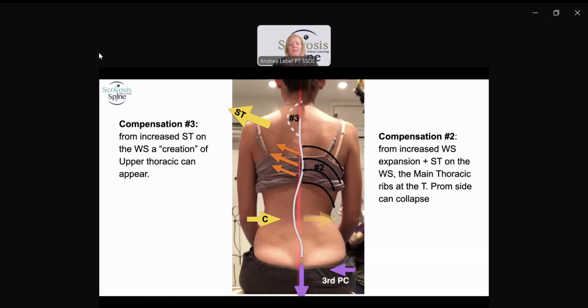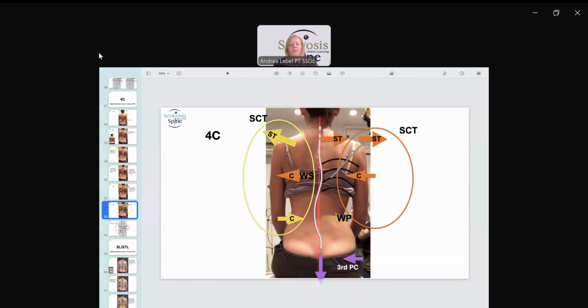Another question here regarding the third pelvis correction for the 4C: if it is going to cause an increase of the thoracic curve, please explain. The third pelvis correction is usually from the right side towards the center, and we have thoracic on the right.